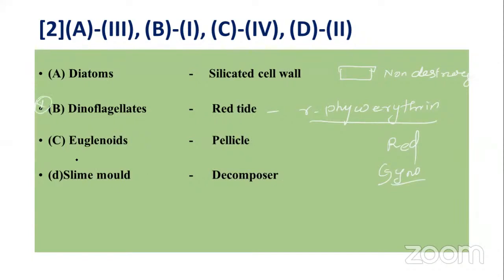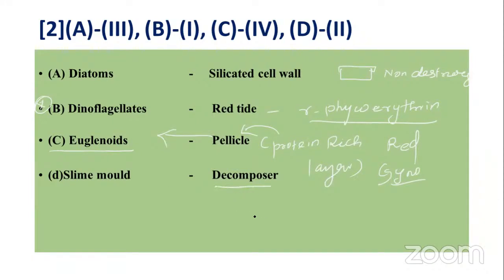This one. Euglenoid. Euglenoid is also one of the protista. Just note it down, my dear student, this is also a protista, but mostly the outermost layer is made up of a protein-rich layer. That protein-rich layer is called pellicle. Here the question is pellicle, euglenoid. Slime mold is a decomposer.